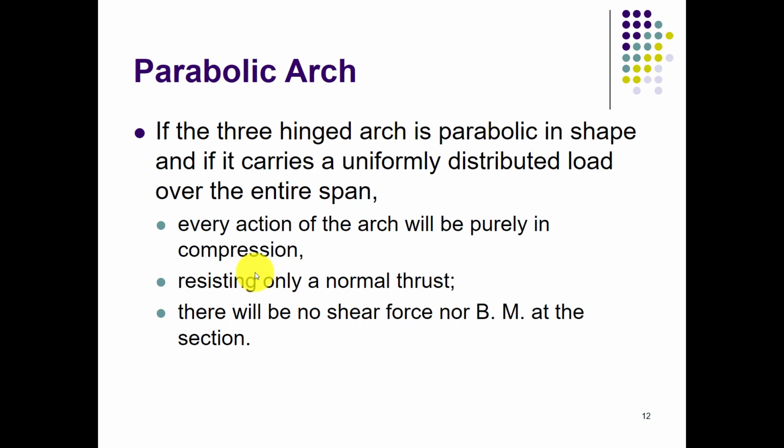No matter what type of loading it is, whether a horizontal load, vertical load, point load, or uniformly distributed load, the response to that loading would be totally in compression. Secondly, the parabolic arch will resist the horizontal thrust, unlike a beam. And there is no shear force or bending moment acting in the parabolic arch.